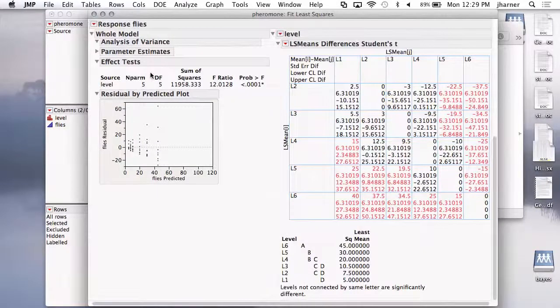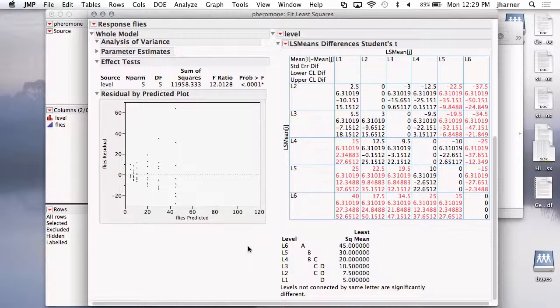The only problem is, look at this graph right here. If you look at that graph, what do you see? You're looking at the residual versus the predicted, and notice that the residuals are on the y-axis. Notice how it's getting bigger and bigger as the predicted gets higher, so as the means get greater. The means are the predicted values in the case of analysis of variance.